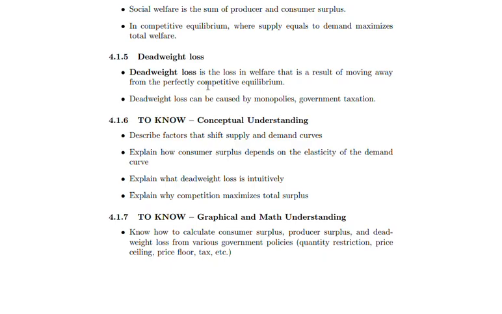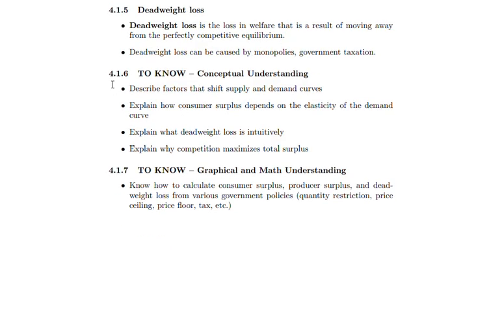Deadweight loss can be caused by monopolies, government taxation, or just setting a price ceiling or price floor. Okay, what should you know? Describe factors that shift supply and demand curves. Explain how consumer surplus depends on the elasticity of a demand curve. Explain deadweight loss intuitively.